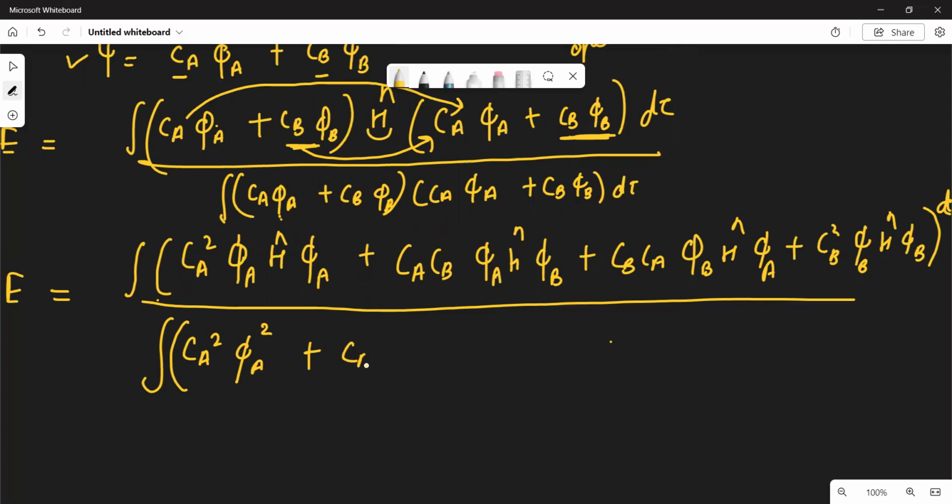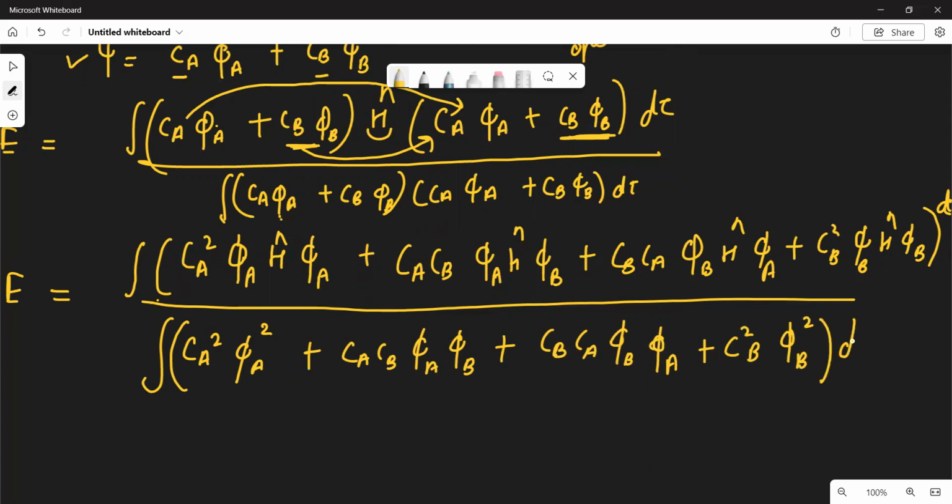Then Ca Cb phi A phi B plus Cb Ca phi B phi A plus Cb square phi B whole square. So this we will get.